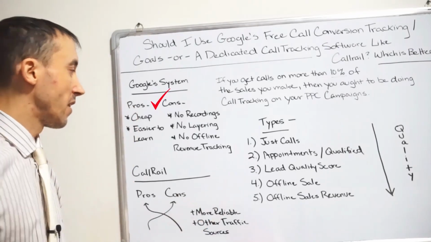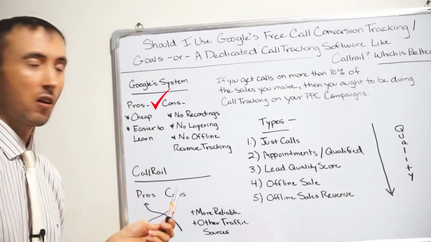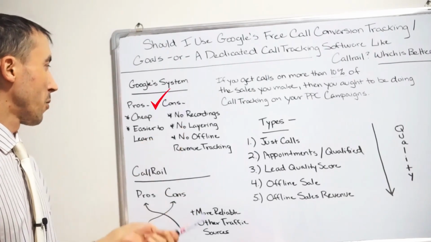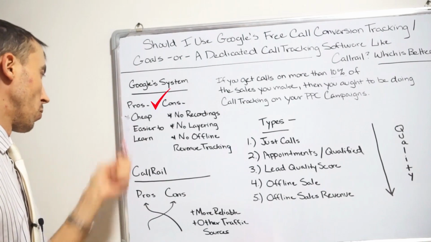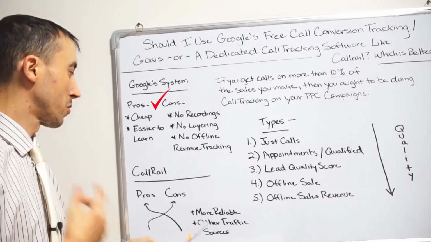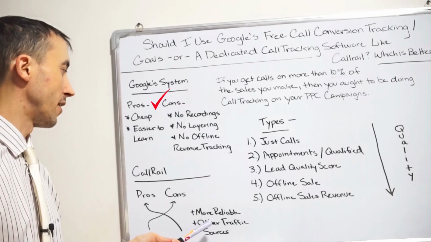So anyway, with all that said, now Callrail, the pros and cons are basically just flipped. Whatever were cons are now pros, and whatever were pros are now cons, with the addition of a couple small things I just want to mention about Callrail here.